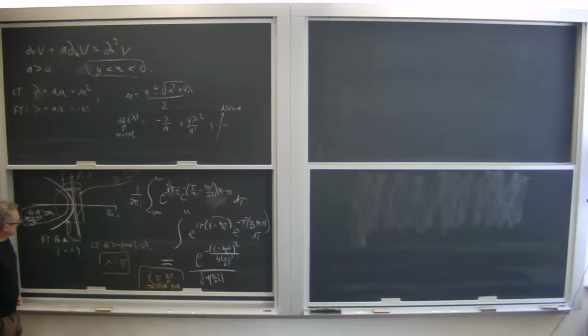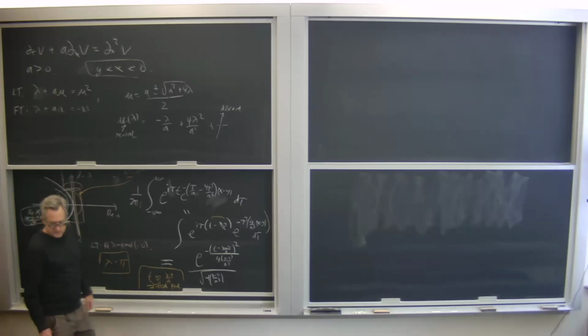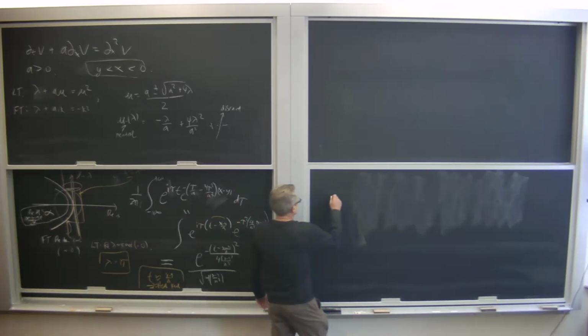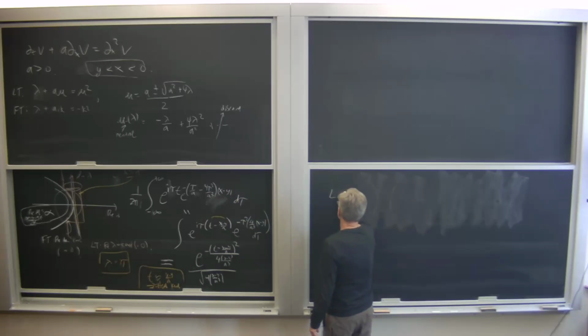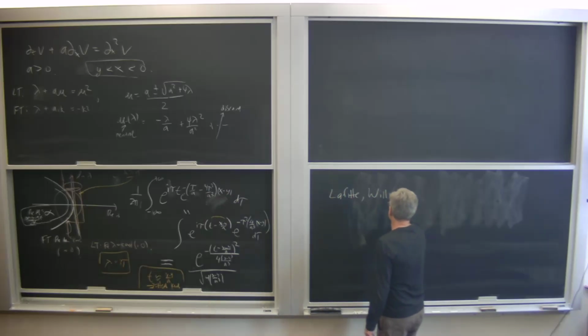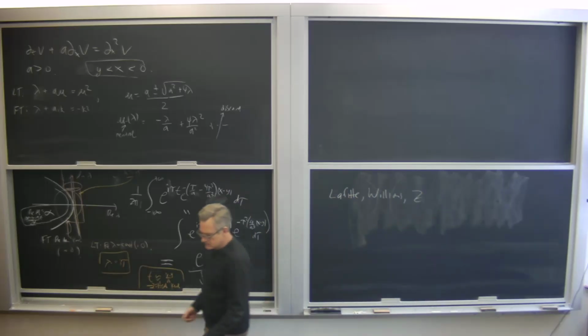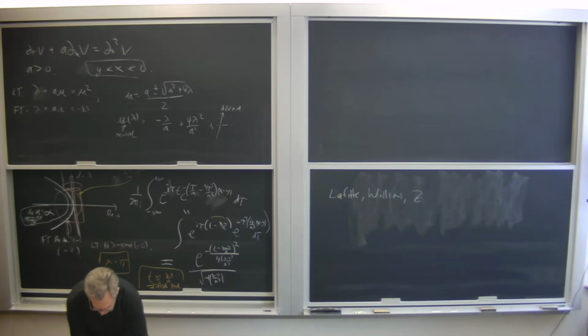And there's a nice paper I'm going to refer to. So let's see. Lafitte, Williams, and I. This is really a side note, but I think it's interesting. I like it.